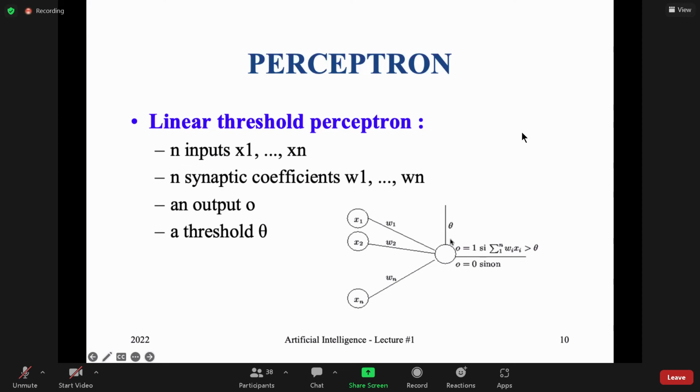So what we mean here is that we calculate for each neuron this operation, which is the multiplication between the weight and the input element, and so on. That is what I explained here. And if this summation is above this threshold theta, we'll have category 1, and otherwise we'll have category 0.